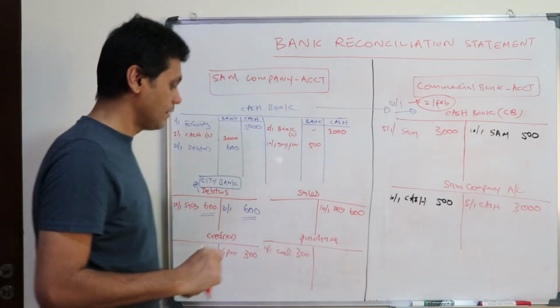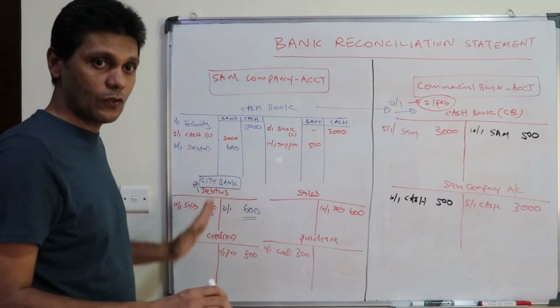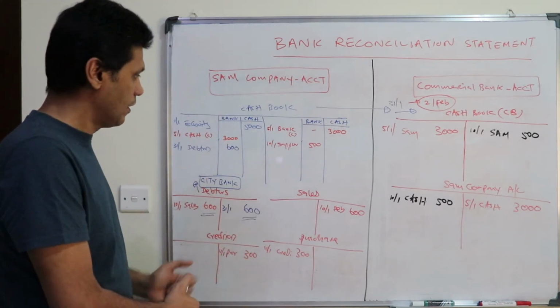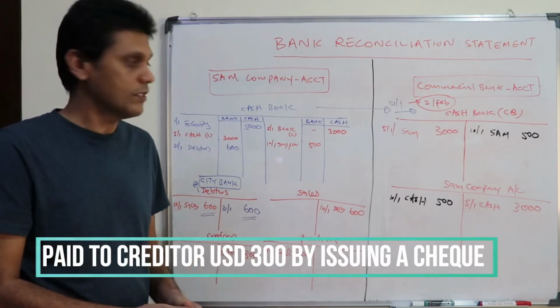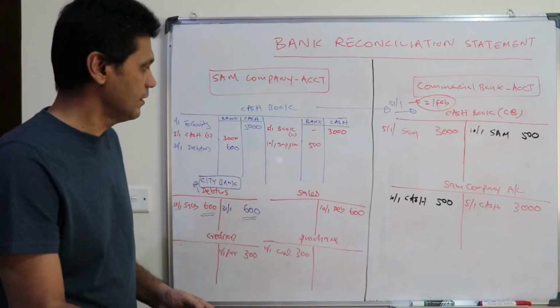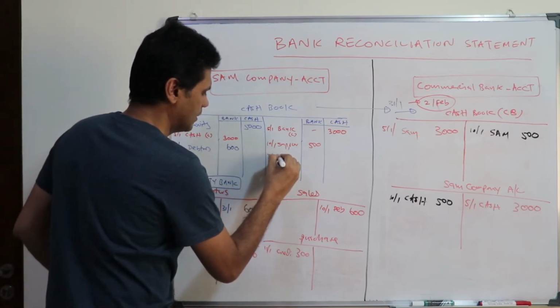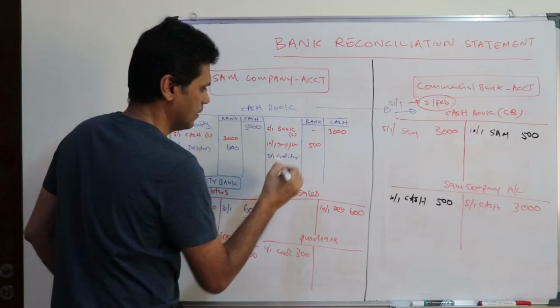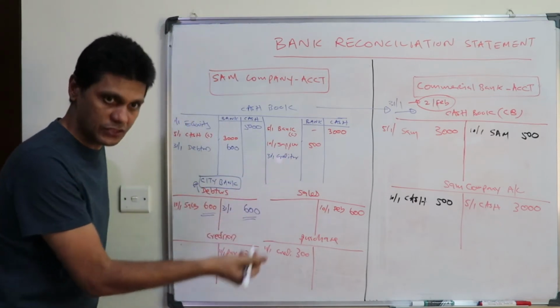Okay. Now we'll come to Sam company again. The story begins again. Sam company settles the creditor on 31st January. So on 31st January he settles the creditor or the supplier by paying off, by issuing a check.